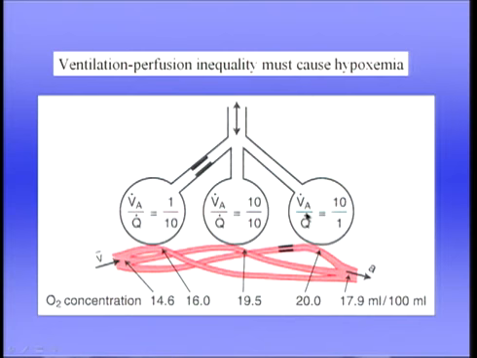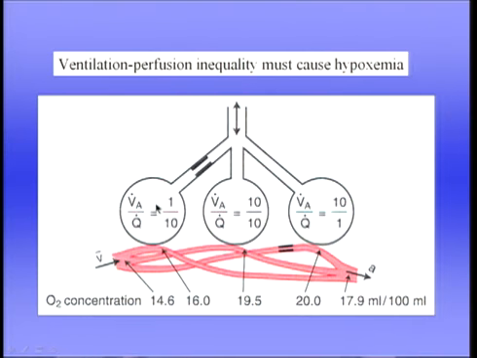10/1. Let's look at the oxygen concentrations of the blood draining from these 3 lung units. Well, the normal unit has a concentration, under the conditions we've shown here, of about 19.5 mils per deciliter. The unit with a very low ventilation-perfusion ratio, of course, has a very low PO2.